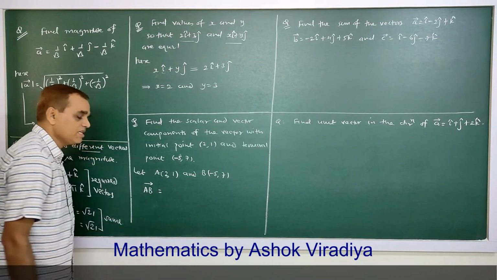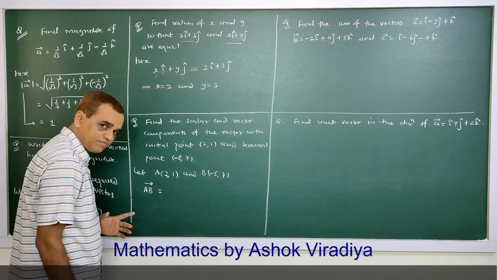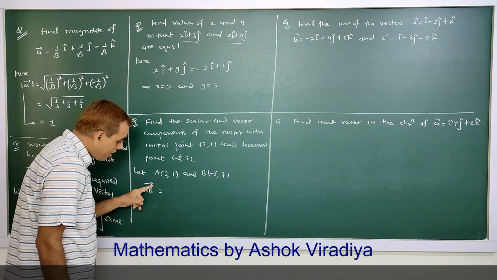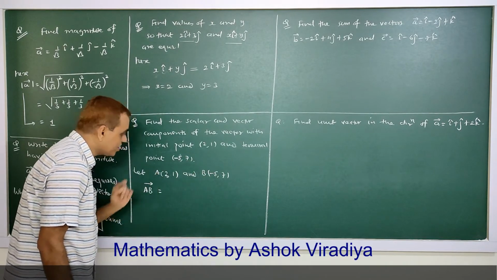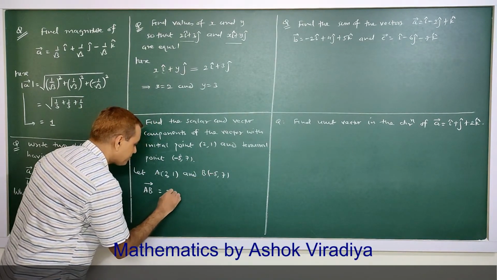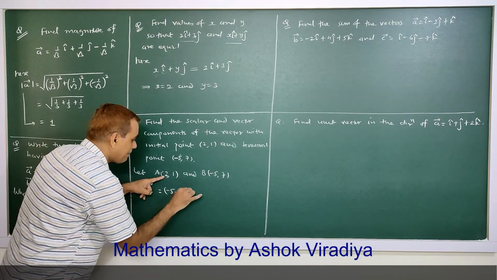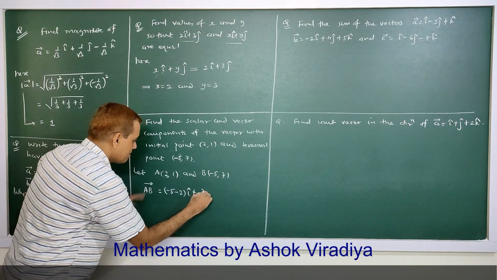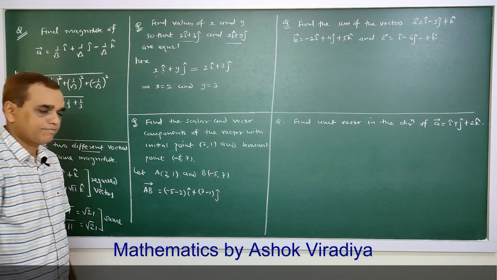So for vector AB, the procedure for a vector from two distinct points is, from the terminal point we subtract the initial point, terminal minus initial. So (-5 minus 2) times i cap, then plus (7 minus 1) times j cap.